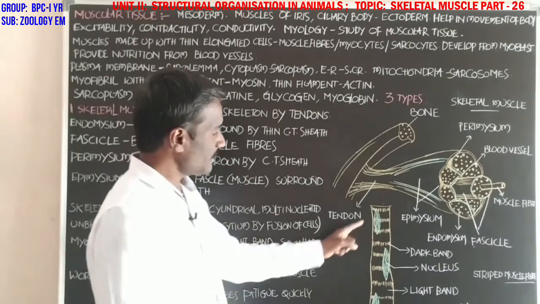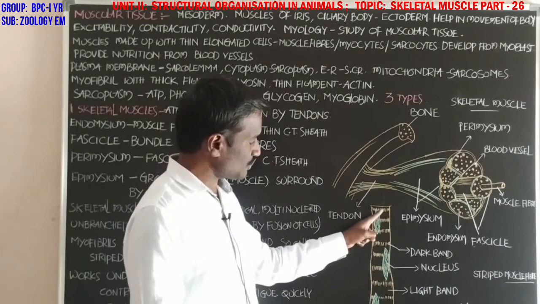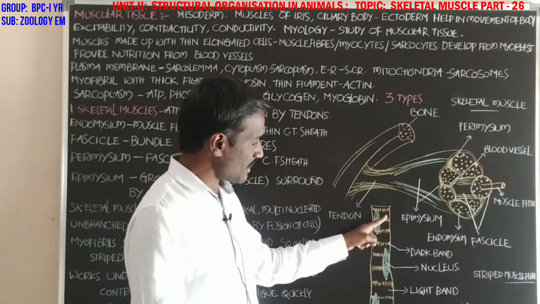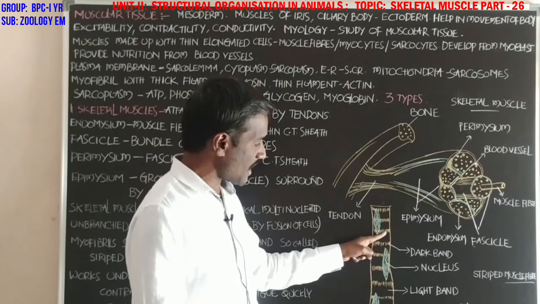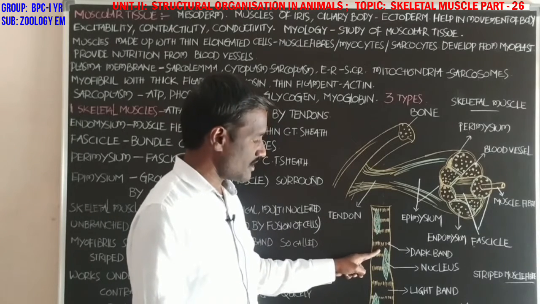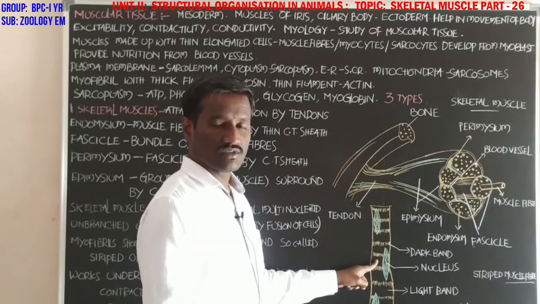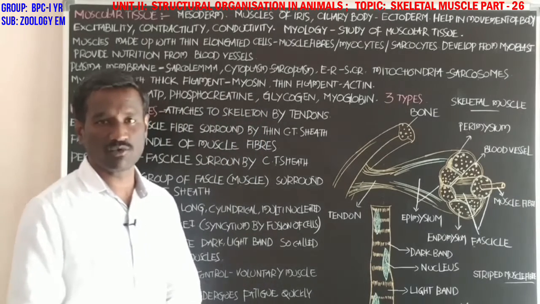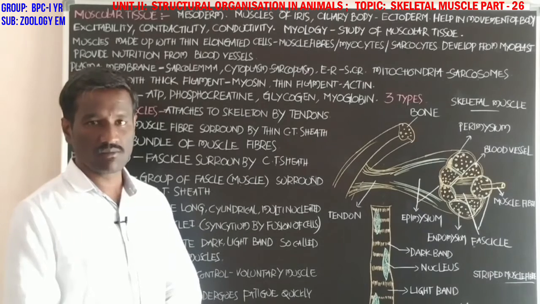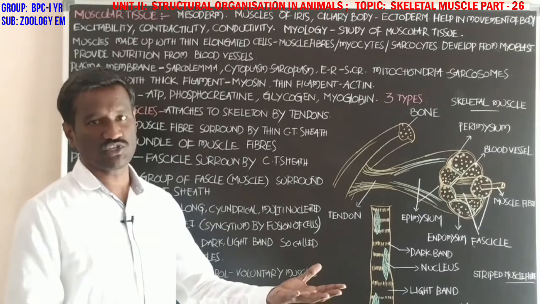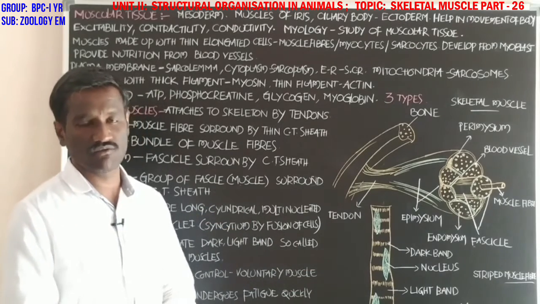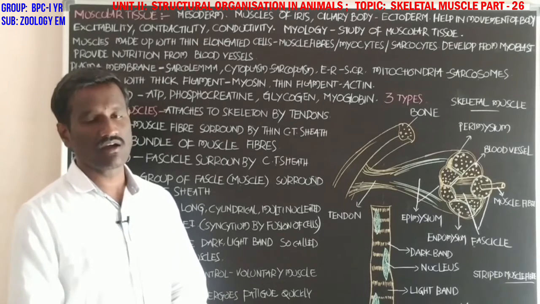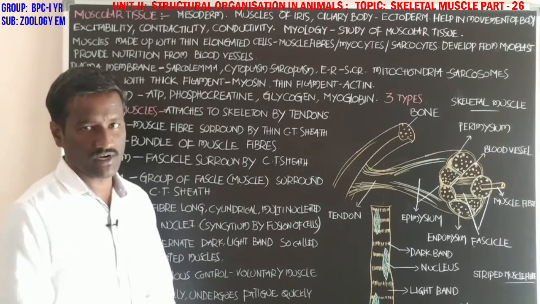Next, myofibrils show alternate dark and light bands, so it is called striped muscle or striated muscle. Student, if you observe, the cytoplasm shows dark band, light band, dark band, light band. This arrangement is possible by the alternate location of the myosin filament and actin filament.